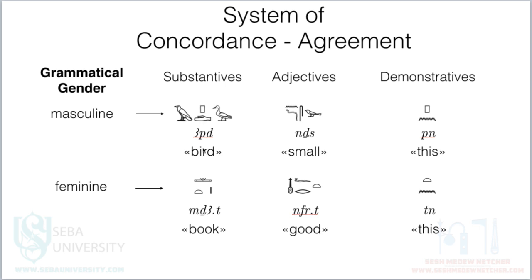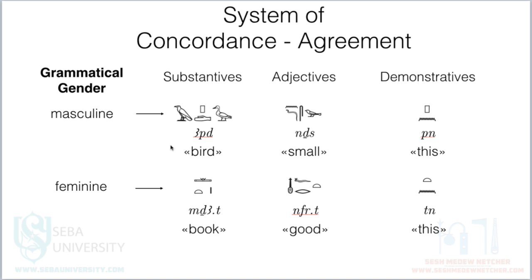If I want to say small bird, the word small is najes, and it has to be in the masculine singular form. So najes, small bird. The demonstrative, this, is the same as the other example, the masculine. So we have aped najes pen, which means this small bird.